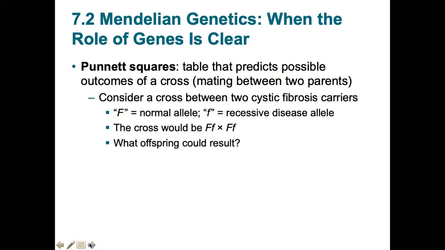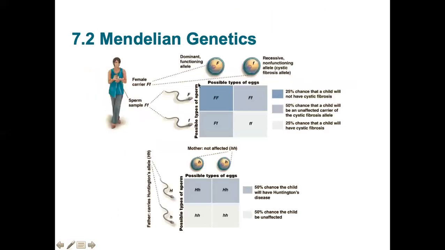What options are there? And so we draw this Punnett square, and we imagine that you separate those alleles, right?